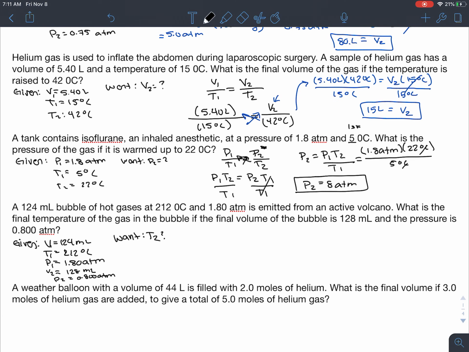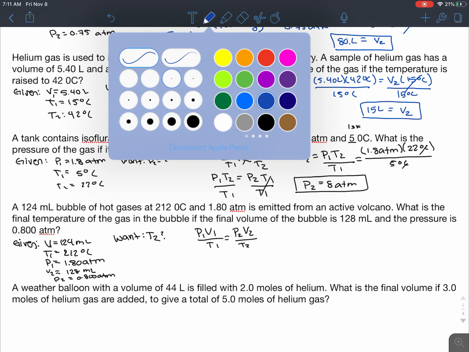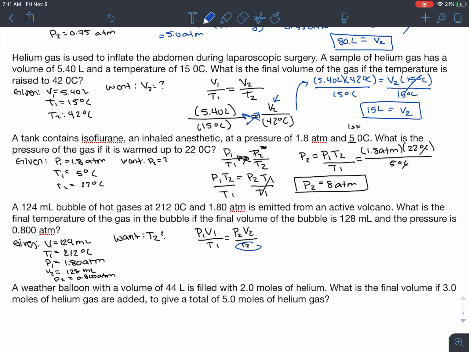So I have pressure, volume, and temperature. So I'm using my combined gas law. And here we're solving for T2. So let's rearrange the equation first. Again, whenever you have a fraction, just cross multiply to get rid of the fraction.